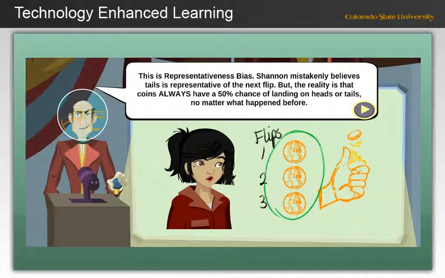So representativeness bias is using this faulty logic and focusing on the irrelevant information of the previous flips in determining what the chances are or what's going to happen next. And in fact, it always will be a 50-50 chance for either heads or tails.